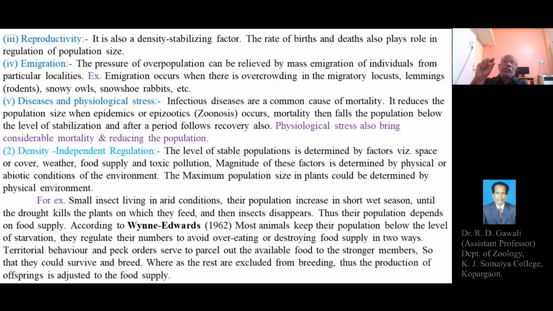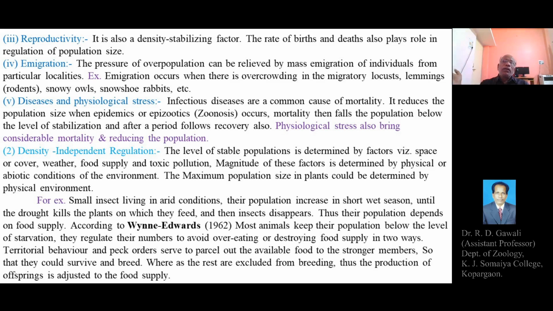These small insects are dependent upon plant material for their food. So whenever there is a scarcity or shortage of food, ultimately the number of individuals of these insect species gets decreased.